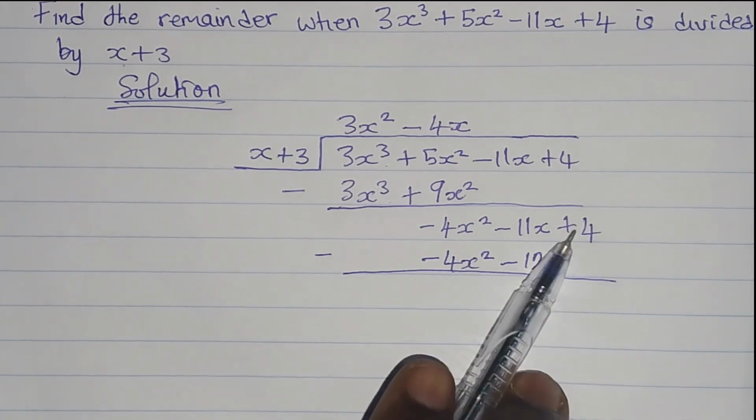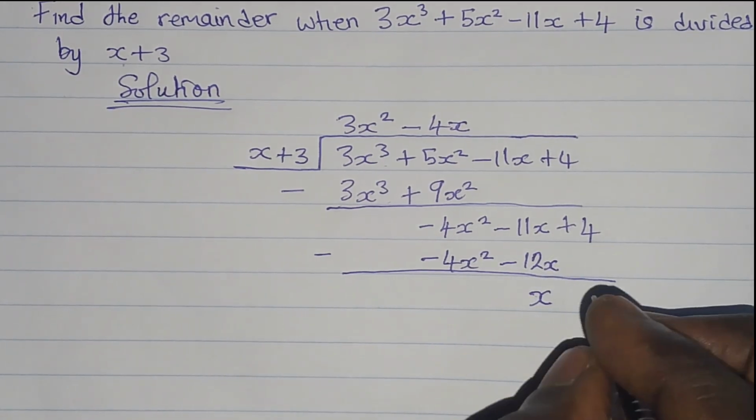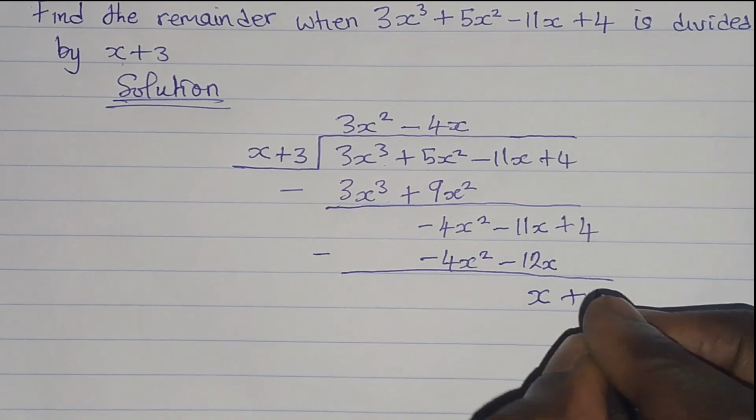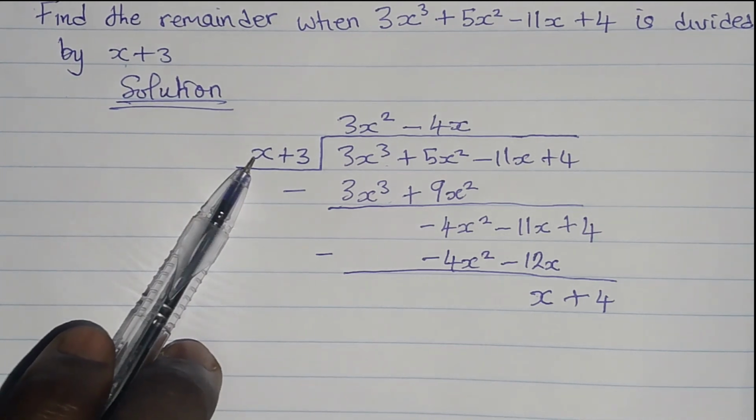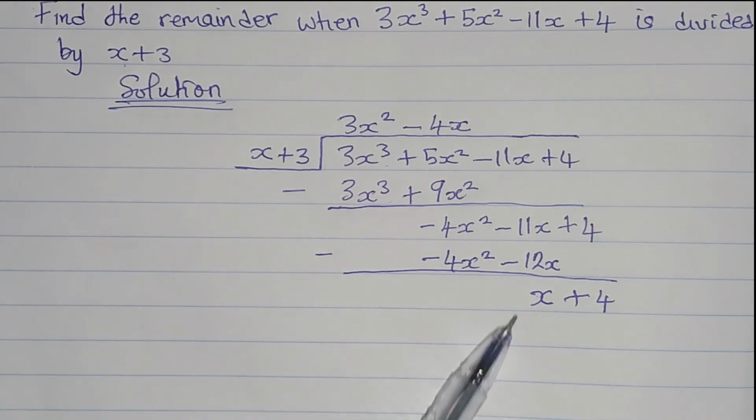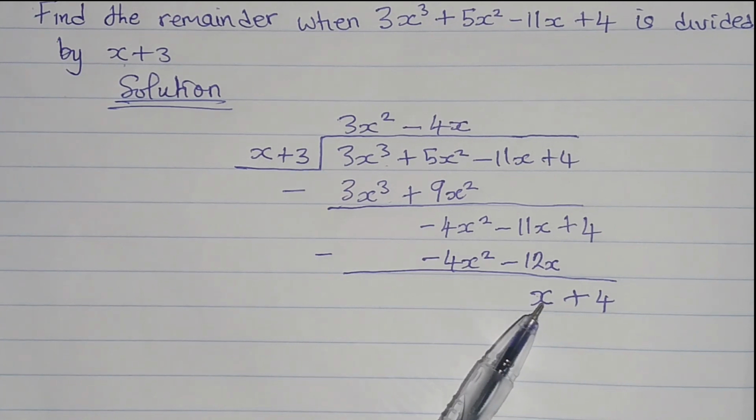Alright, so 4 minus 0 will give us 4. Once we get to this point again, we begin the process all over again. So we have x here. x divides the largest power of x, which is 1 here, would give us 1, because x divided by x is 1.